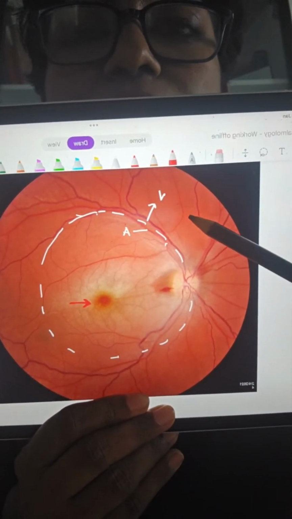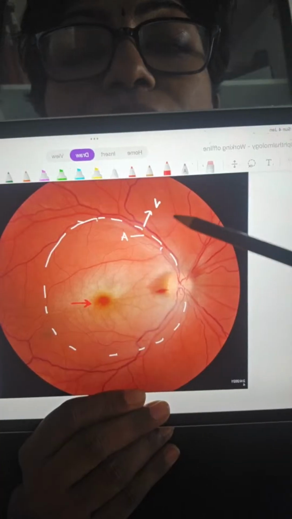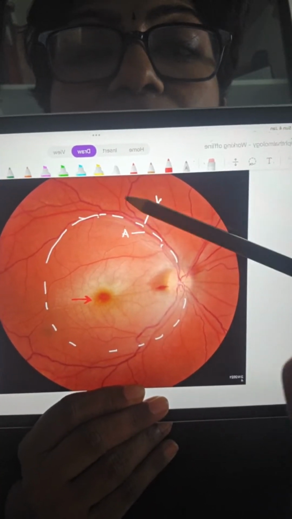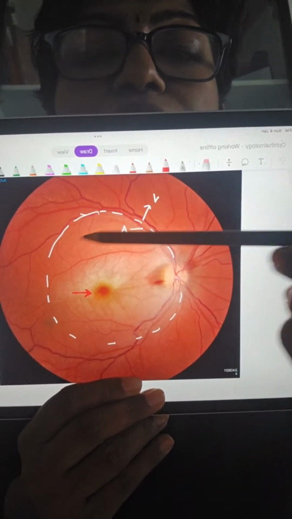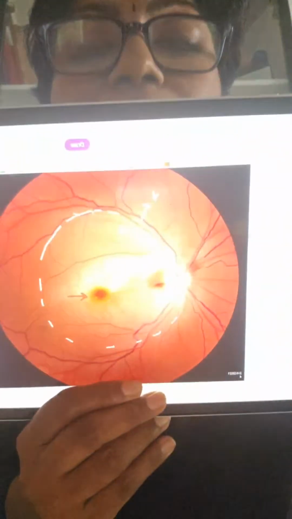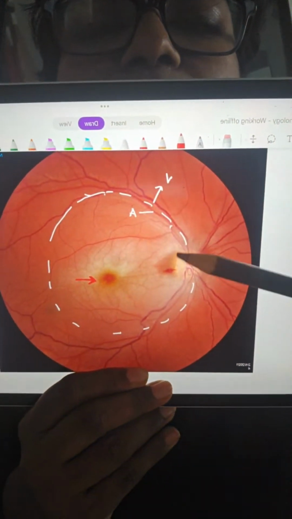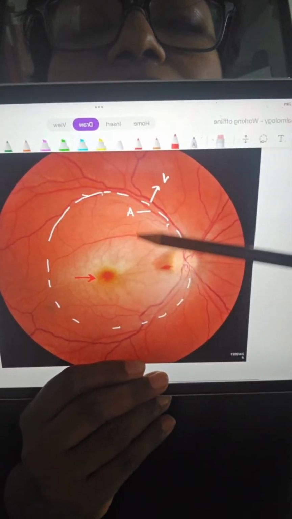Can you see the normal color of the fundus? Because the retina is transparent, you can see the choroidal orangish red color. Whereas in the major portion of this macula, it is pale because there is retinal edema. You might ask me, ma'am, where is the milky white? It's pale. There's a retinal edema.